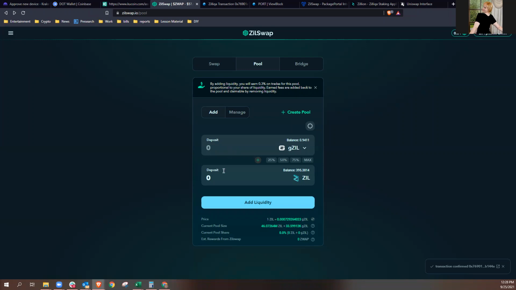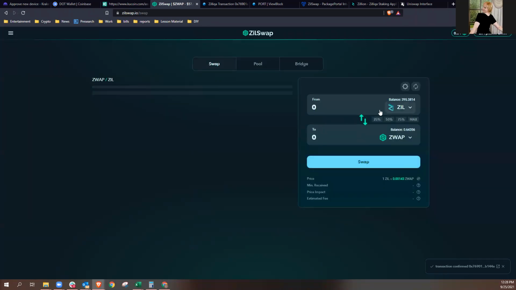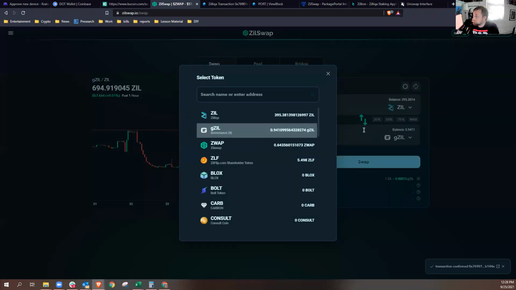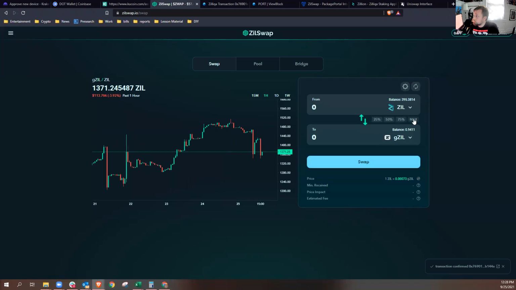Let's say I want to swap. If I want the GZIL, I could sell my almost 400 ZIL for a little over a quarter of the GZIL. I could swap it. I could trade it back and forth.